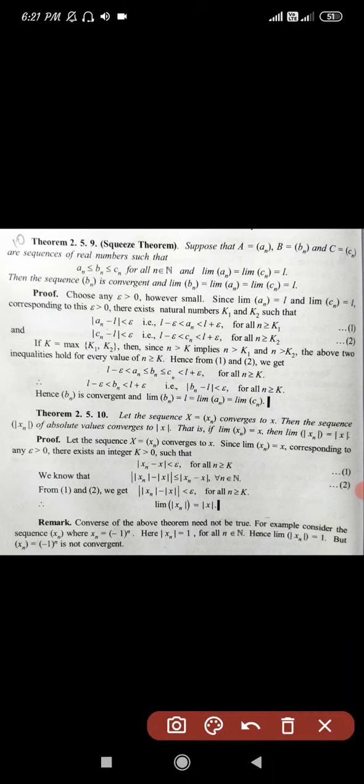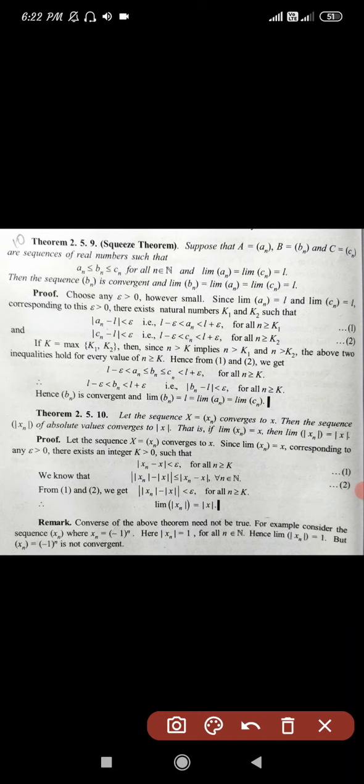From that we can write these two inequalities, that is modulus of an minus l less than epsilon, that is l minus epsilon less than an less than l plus epsilon for all n greater than or equal to k1, and modulus of cn minus l less than epsilon, that is l minus epsilon less than cn less than l plus epsilon for all n greater than or equal to k2.